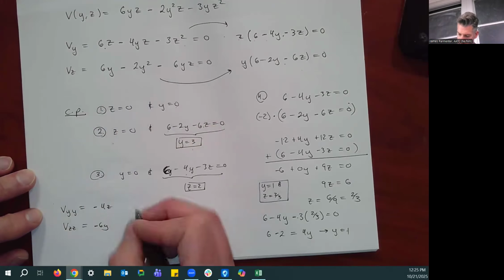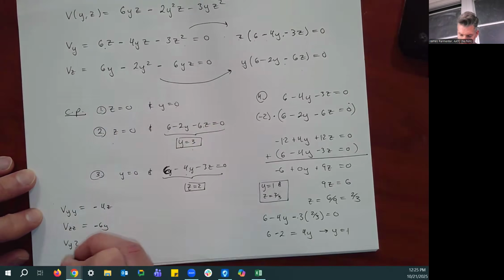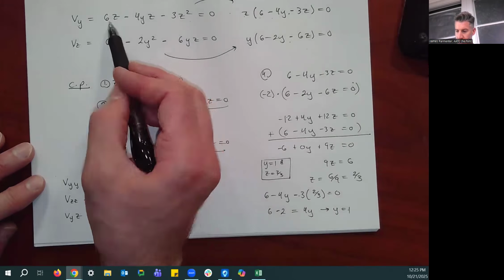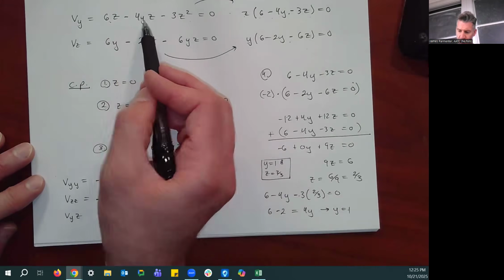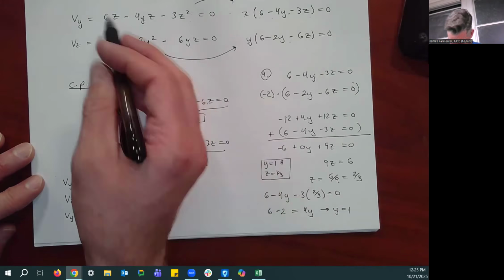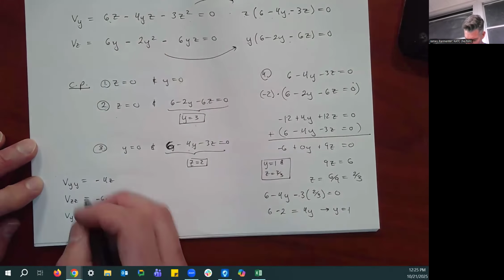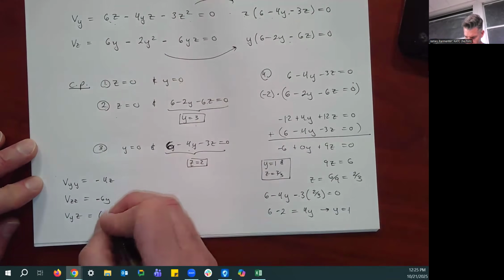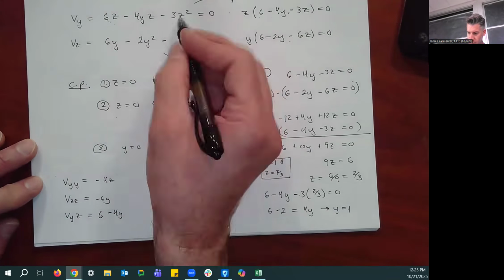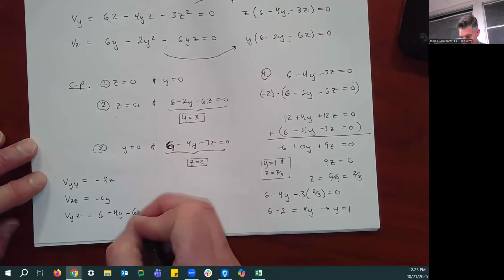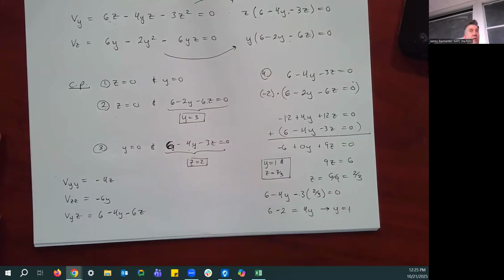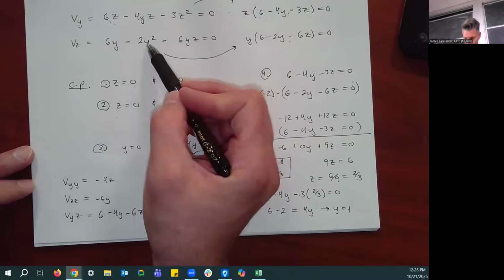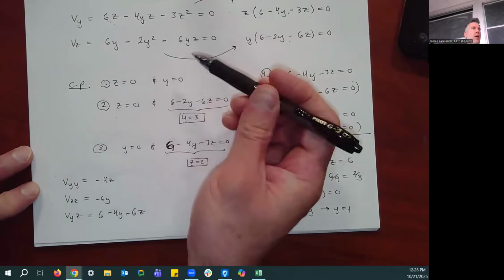And finally, Vyz, the mixed partial, is going to be 6 minus 4y minus 6z. Let me double check this. Let's check the other mixed partial just to make sure. If we do Vzy, we're going to get 6 minus 4y minus 6z. Yeah, it checks out. Okay, cool.